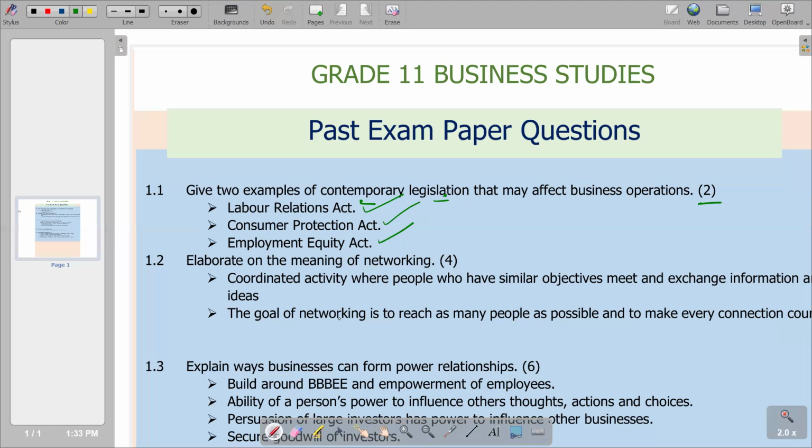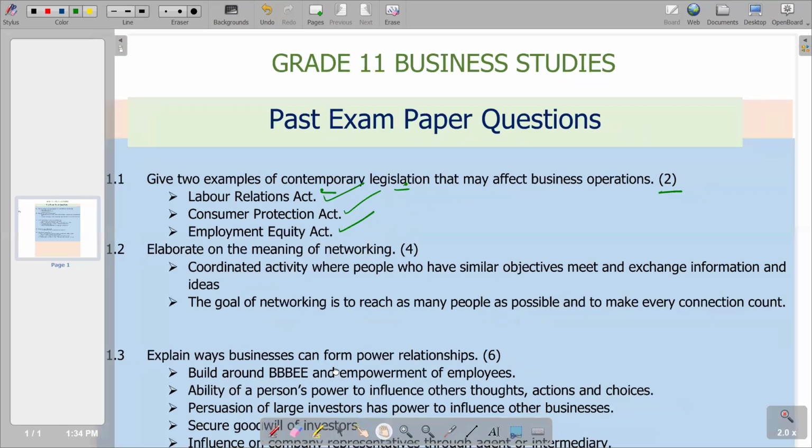The exchange of information and ideas that takes place in networking is between people or businesses with common interests. Usually, it's done in an informal setting. According to the answer given, we have a brief description of networking.